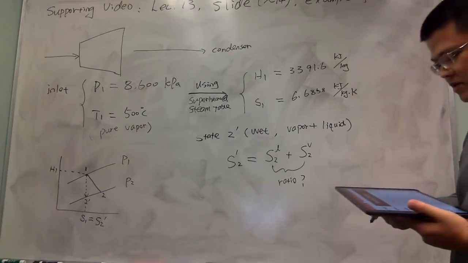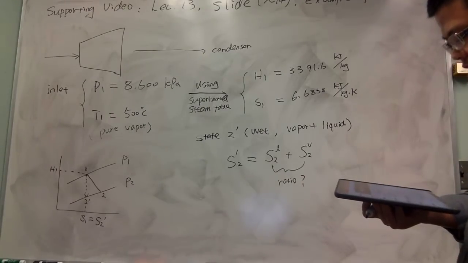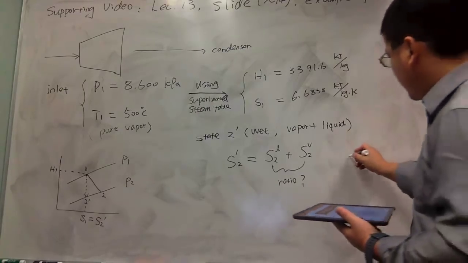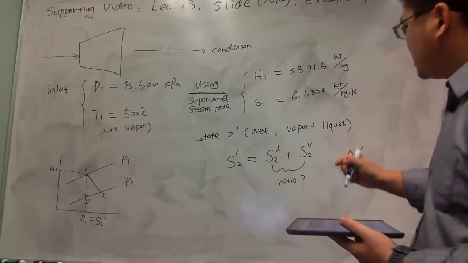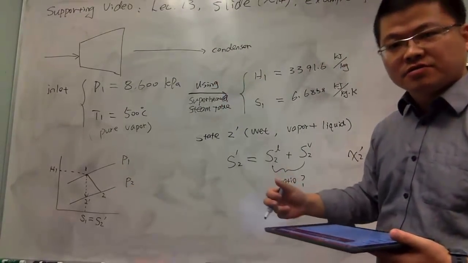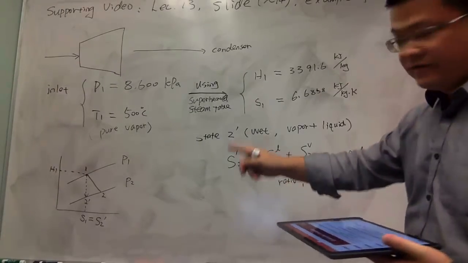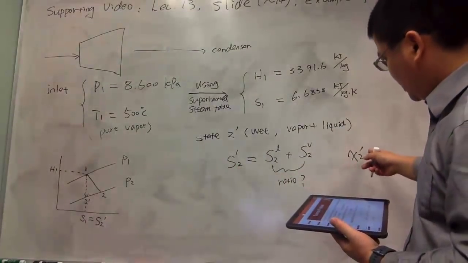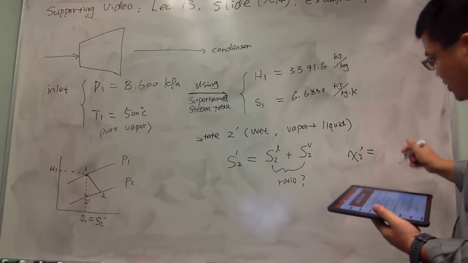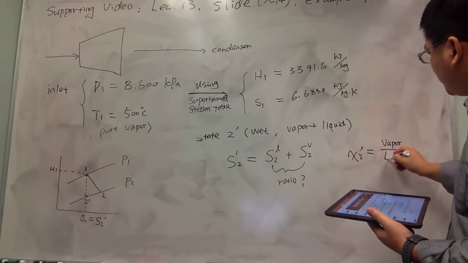So this is why I have on this slide 15. I said let's try to assume the ratio would be x2 prime. It's not the real final of state 2. It's the isentropic state of 2 prime. So this is why I was using x2 prime, which is the ratio of vapor over liquid.